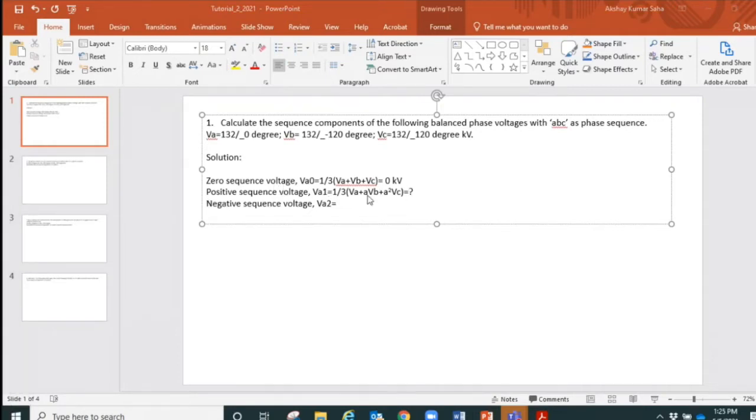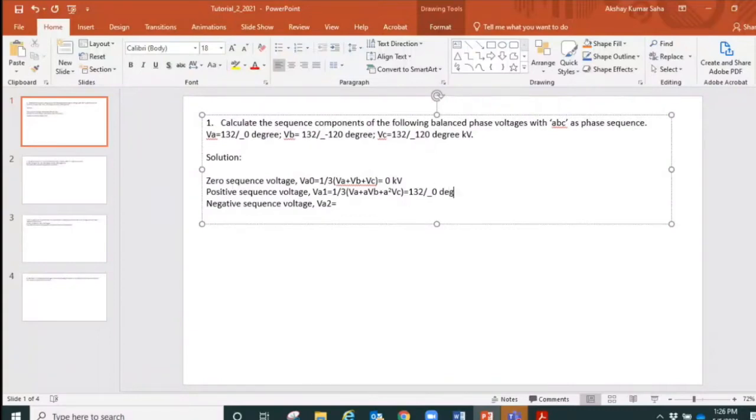Would the positive sequence voltage be equal to VA, 132 kilovolts? 132 kilovolts, and we must also know the angle. Without the angle it is not complete. 132 kilovolt, and what is the angle? Is it 0, sir?